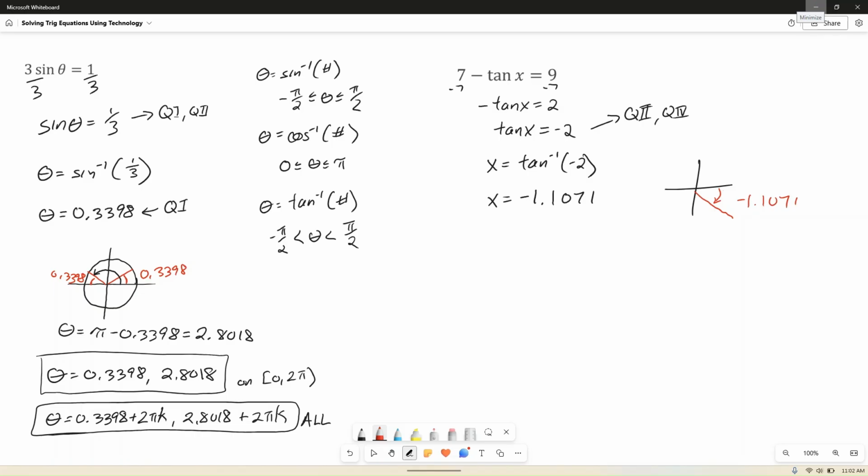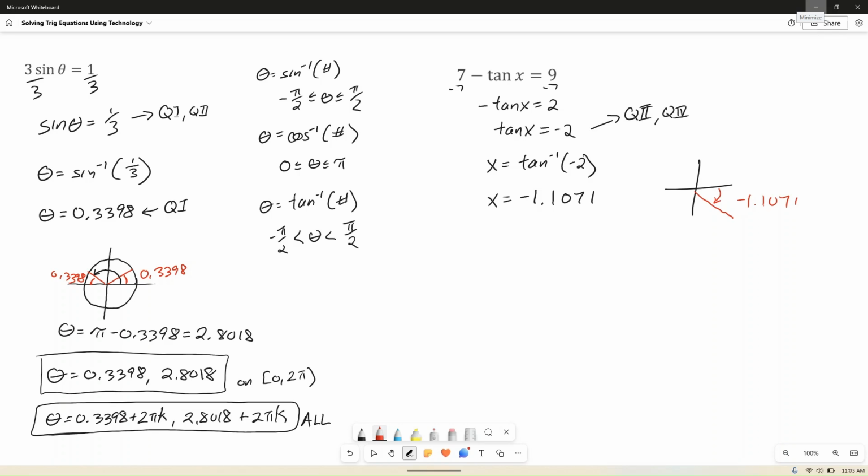And that angle is not between 0 and 2 pi. But it is the answer in the fourth quadrant. So we could use that. How do I find the angles that are in the second and fourth quadrant, but also between 0 and 2 pi? Okay, so because it's tangent, remember that solutions are always off by a distance of pi.